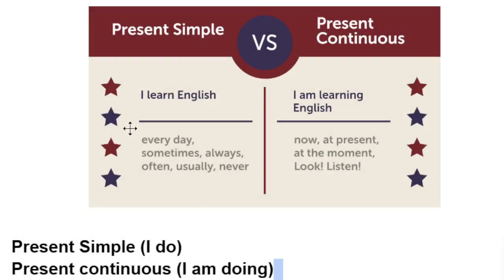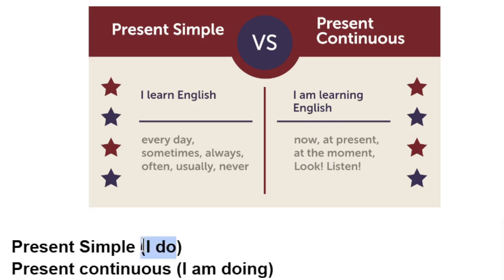So we can see in the chart, I learn English every day: sometimes, always, often, usually, never. We use these adverbs of frequency to indicate it's a regular habitual action. I am learning English now, at present, at the moment, look, listen, to indicate that the action is happening right now.